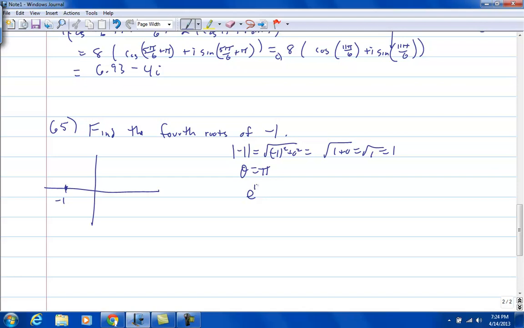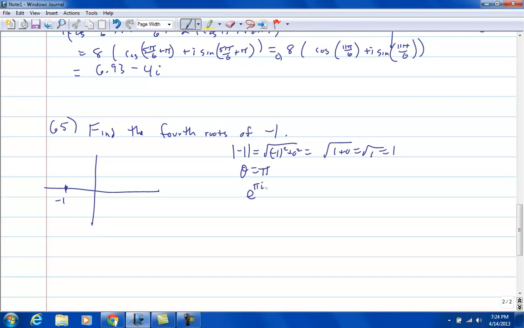E to the pi I. Okay, so we're going to do the, yeah, there it is, the magnitude of Z times e to the I theta, good.